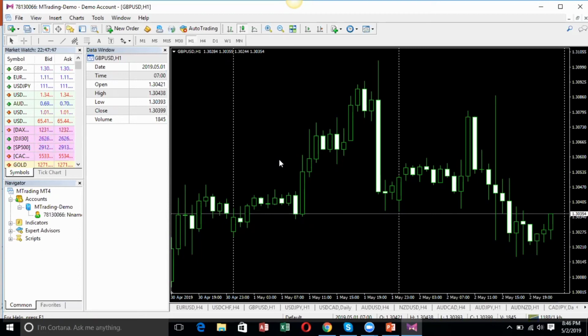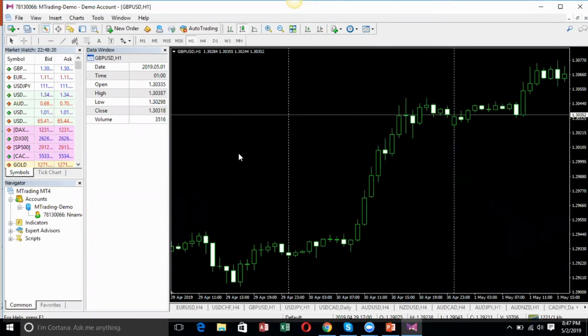For those of us who have taken time to learn support and resistance, when you're able to spot a support and you see a hammer or inverted hammer on it, it will boost your confidence, because support is also a buy zone. So having a hammer or inverted hammer on your buy zone is a good signal for you to place a buy trade.